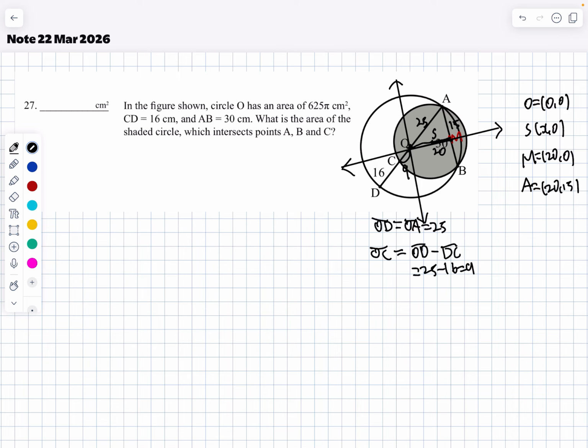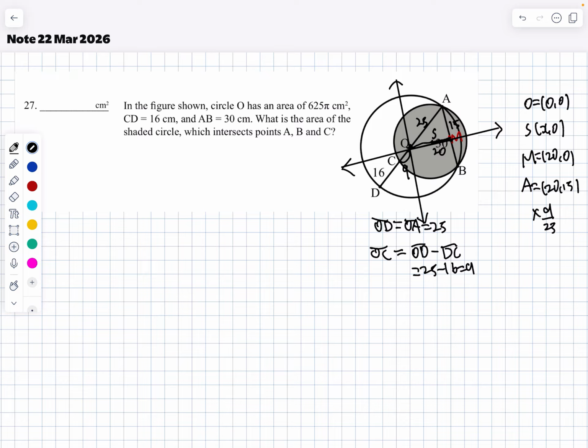OC's length is 9 over 25 of OA's length, so we can apply that: point C is 9 over 25 of point A.